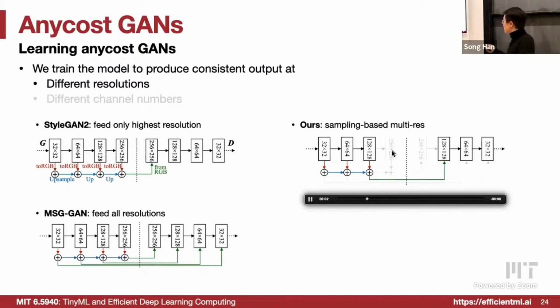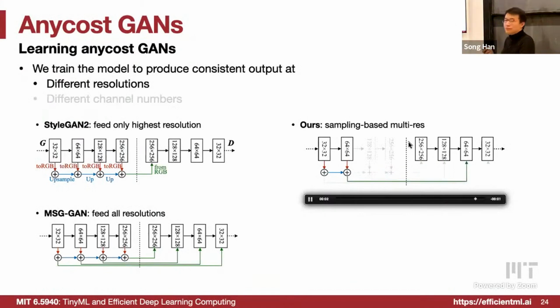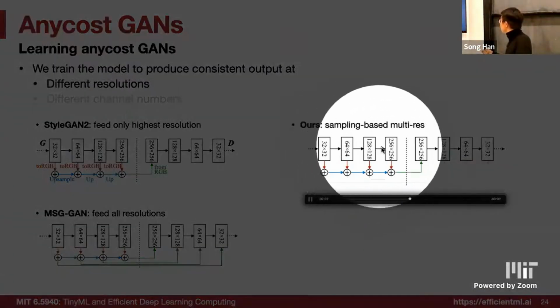Here we decide at training time to randomly feed different resolution outputs to the discriminator. For example, here is a 256, now 64, 128, 256, 64, 128.